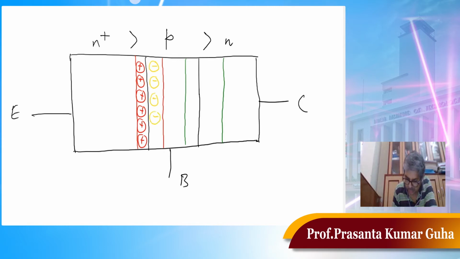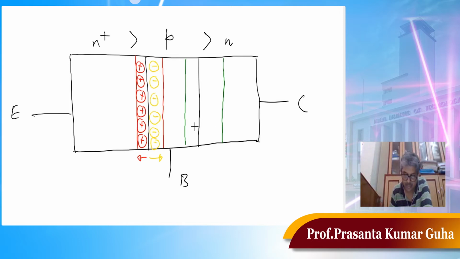But the point I would like to make is that the depletion region on this side will be less compared to the depletion region on this side, simply because the base has lower doping concentration compared to the emitter.